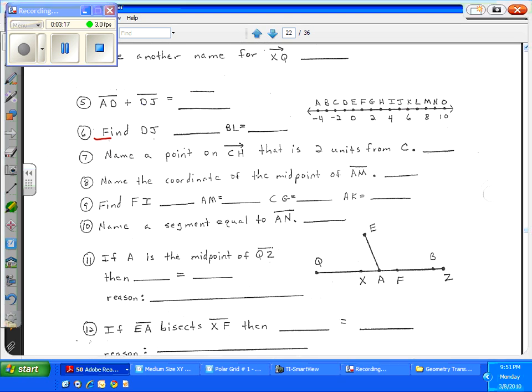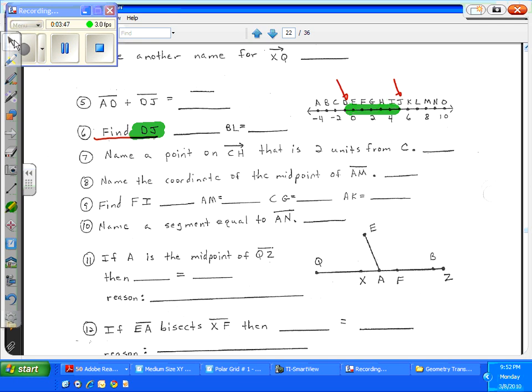Always enjoy students when it says find DJ, they go, well, there's D and there's J, so I found them. That's not what it wants to know. When it says find DJ, what does it really mean? Well, it means the distance between point D and point J on that coordinate plane, which means how long is segment DJ.